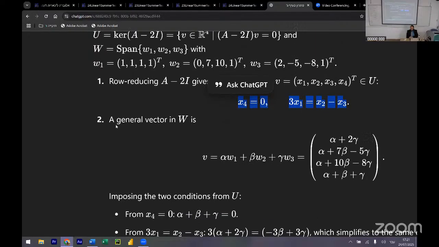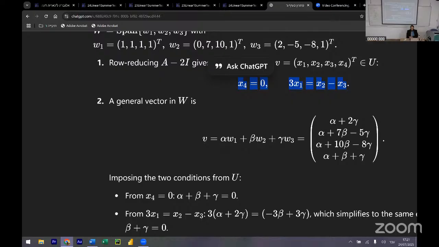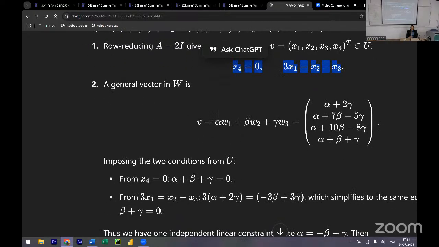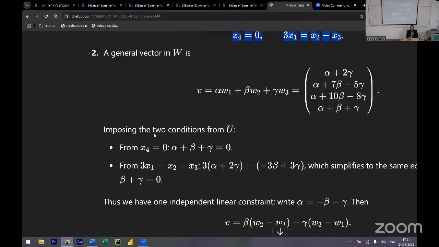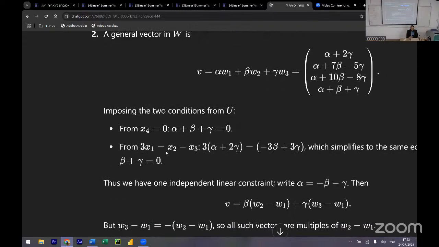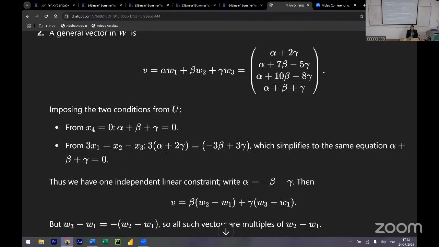Let's see what it does in part 2. That's what I didn't follow, so I'll try to read it now. A vector is of the type alpha W1, beta W2, and lambda W3. That's true. Imposing the two conditions from U, it does it in a bit of a different way.